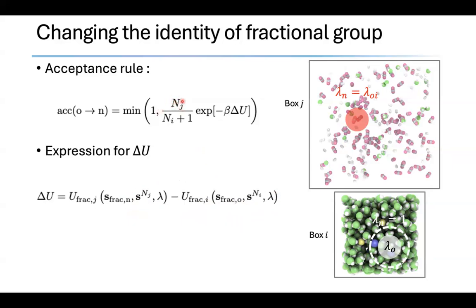Note that you previously had a ratio of the volumes that entered into the rule for the acceptance, but now you have the ratio between the particle numbers.